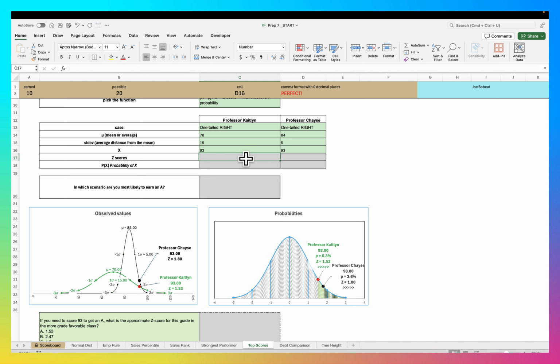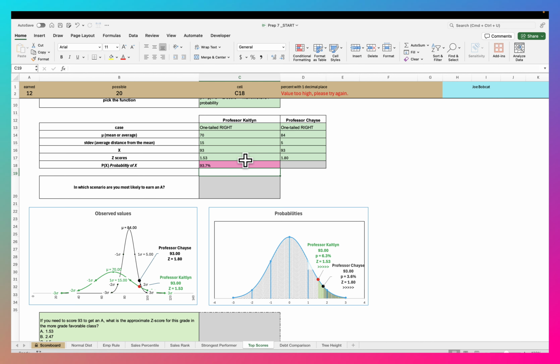All right, so z-scores. The z-score is equal to x minus mu divided by the standard deviation in both cases. And then the probability is NORM.S.DIST of that z-score and TRUE.